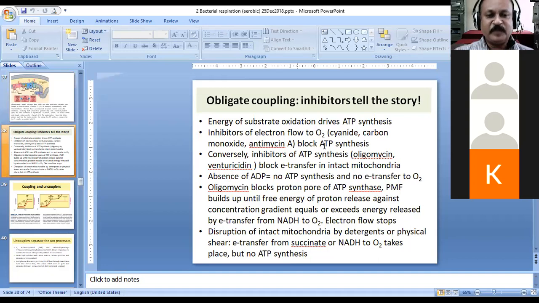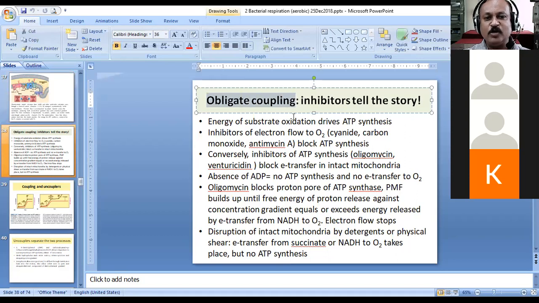So yeah, this is one theory that we are going to understand, obligate coupling. The two reactions, that is the electron transport chain and ATP synthesis, are two different reactions, but these two reactions are mandatory for each other.